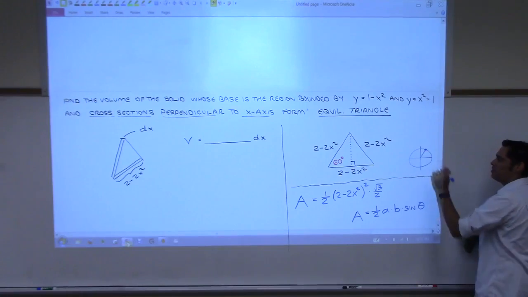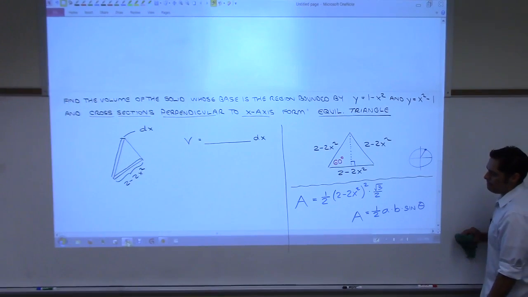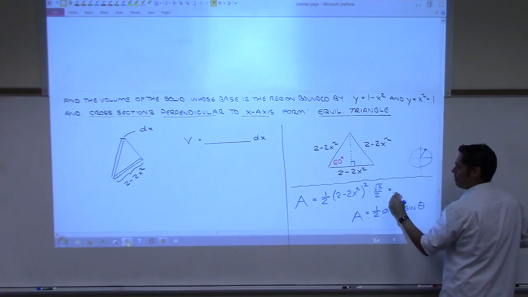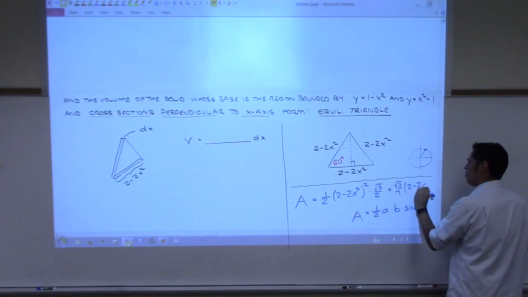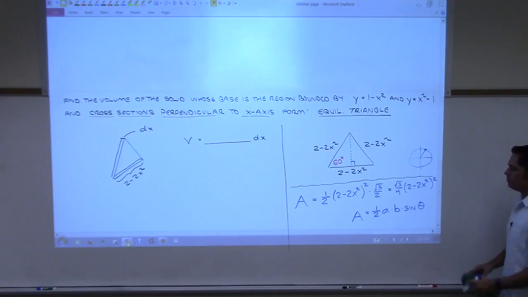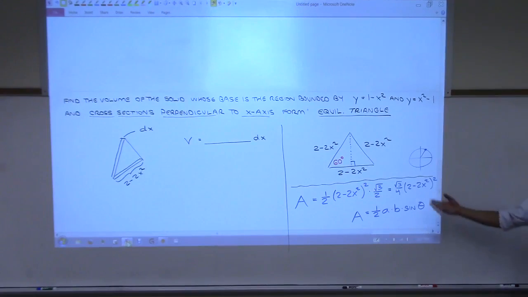Root 3 over 2. And so this I can rewrite as root 3 over 4, 2 minus 2x squared, squared. I just brought the root 3 over 2 up here to the half. And that's it, right? That's the area of that triangle.